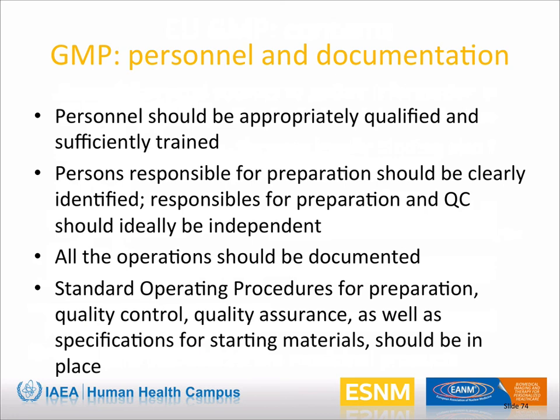And a very important part of every quality assurance system are the so-called Standard Operating Procedures, or SOP, which include instructions for the preparation, quality control, quality assurance, as well as specifications.